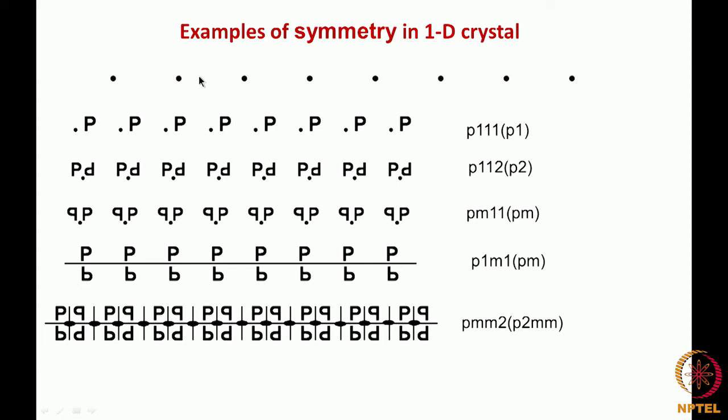So the number turns out to be 1. So it's primitive, and generally one should remember at this stage that small p is used to represent primitive in 1 dimension and 2 dimensions, and capital P is used always in 3 dimensions. Okay, it's clear? Okay, let us proceed.